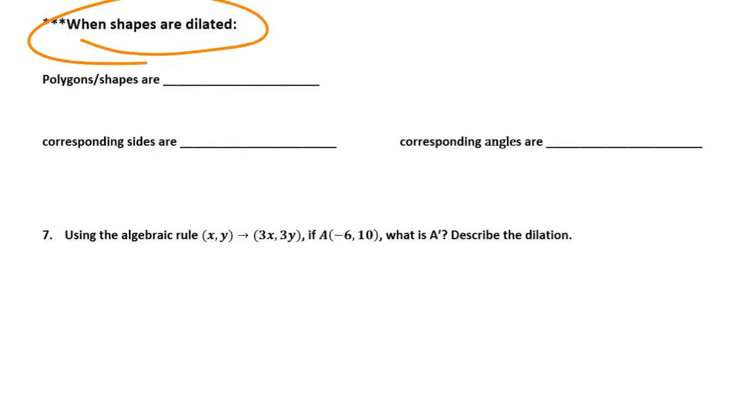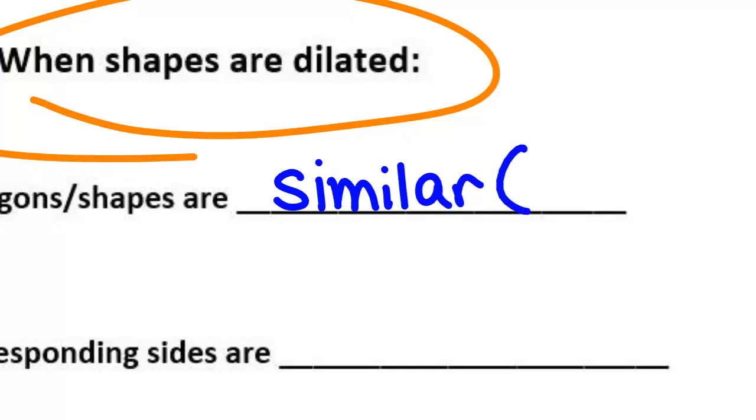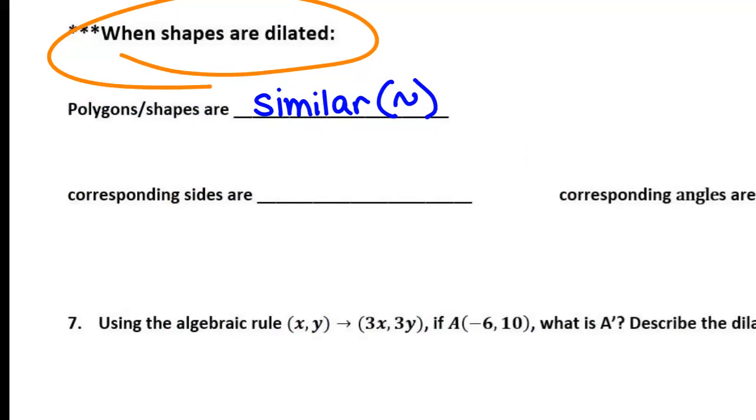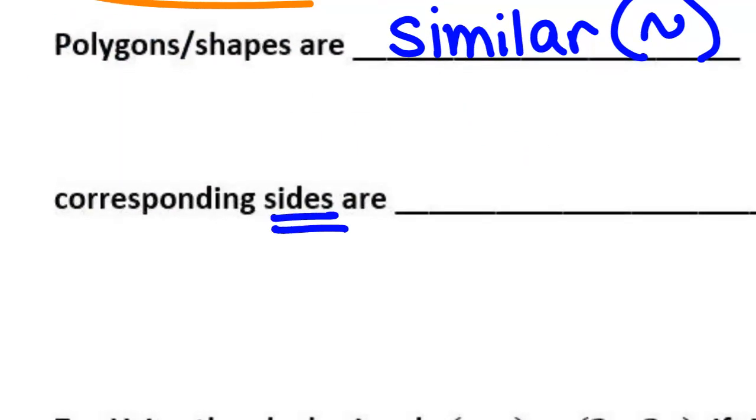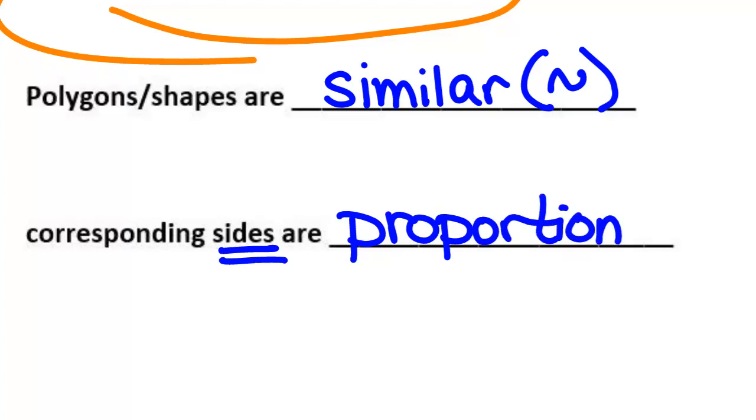When shapes are dilated, the polygons or the shapes we say are similar. And we use that single squiggle to mean similar. Corresponding sides on my similar shapes are proportional. We said yesterday that proportional means I'm going to have fractions that are equal to other fractions.